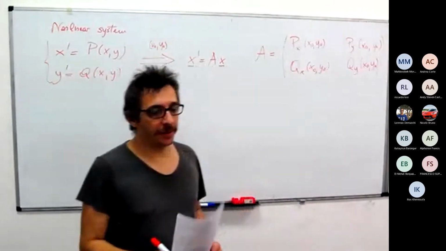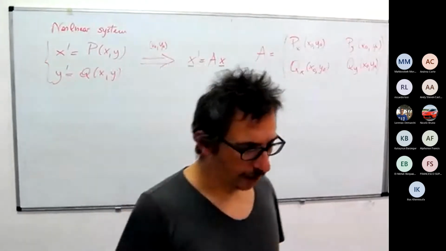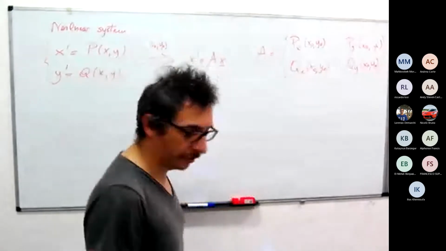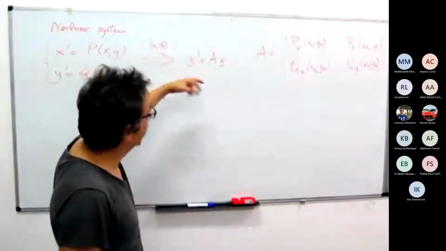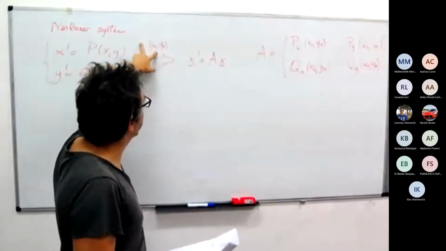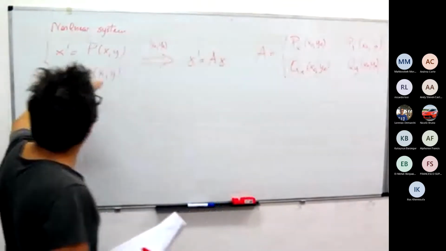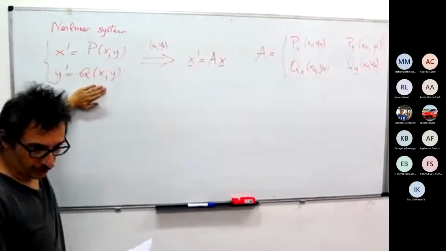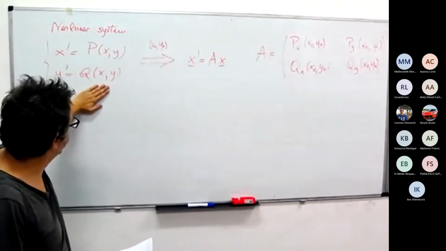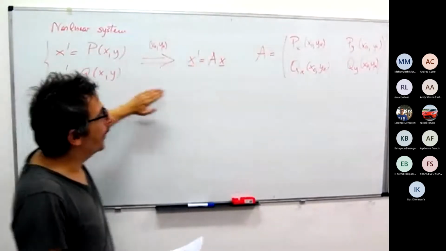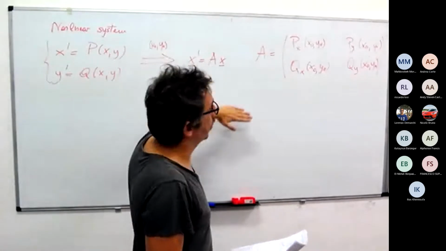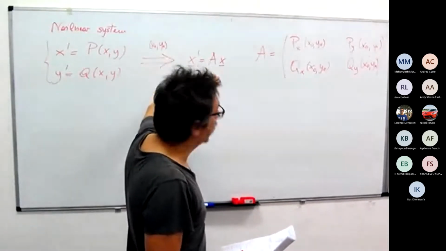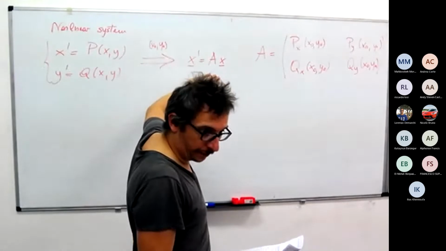What I'm trying to do now is predict the nature, the type of the critical point X naught Y naught of the nonlinear system, by looking at the nature of the critical point in the linear system.